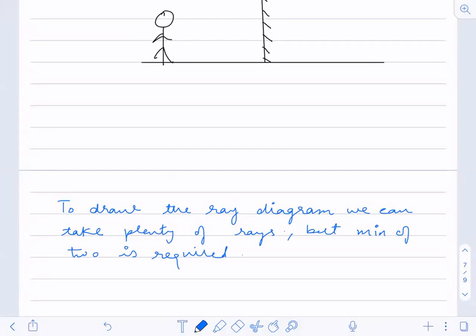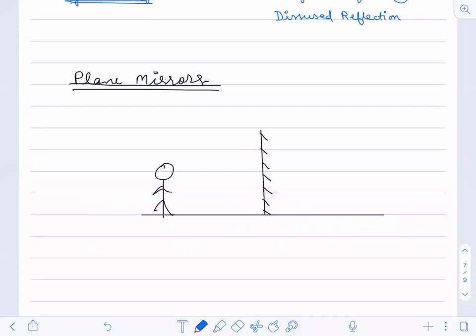So like that we can draw the ray diagram. Let us start drawing it. I will take the minimum, so as not to waste our time, and you should also not take so many rays in the exam. Minimum 2 is more than enough. Every diagram will be drawn with 2 rays.